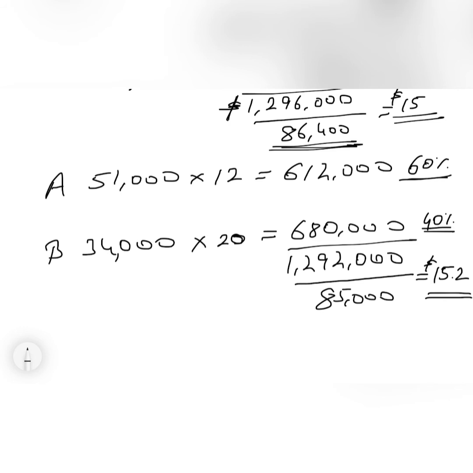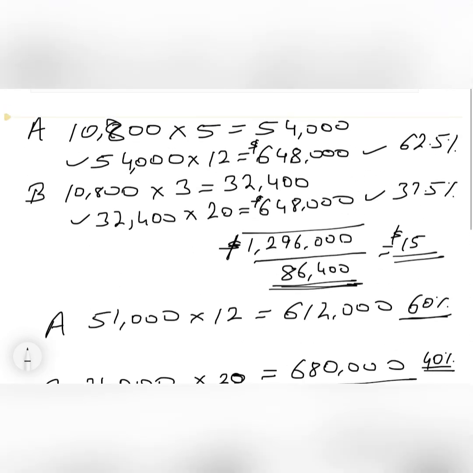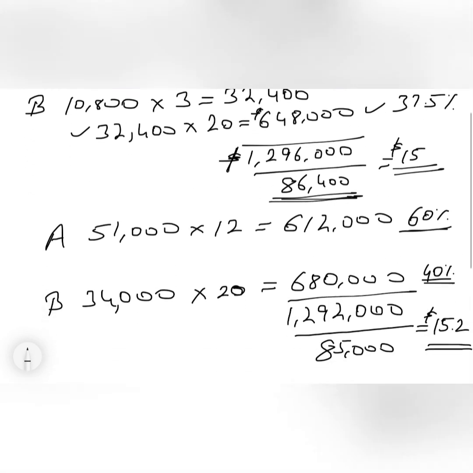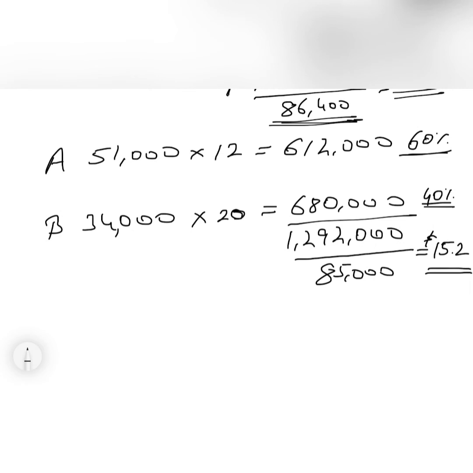You're using more of employee B. You're supposed to use 37.5% of employee B's help because he has a higher rate of $20 per hour. You're supposed to use less of him according to the flexible budget at 37.5%, but you use 40%. So certainly your average rate is going to be higher, and that is the case here at 15.2.